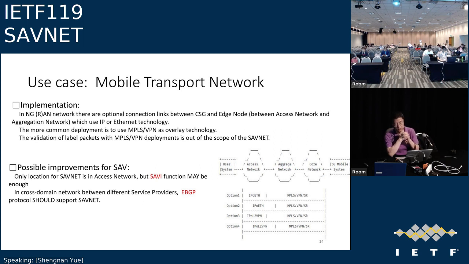So the only location for Savnet is in the access network, but SAVI may be enough. And in cross-domain networks between different service providers, the eBGP protocol should support Savnet. Next slide.